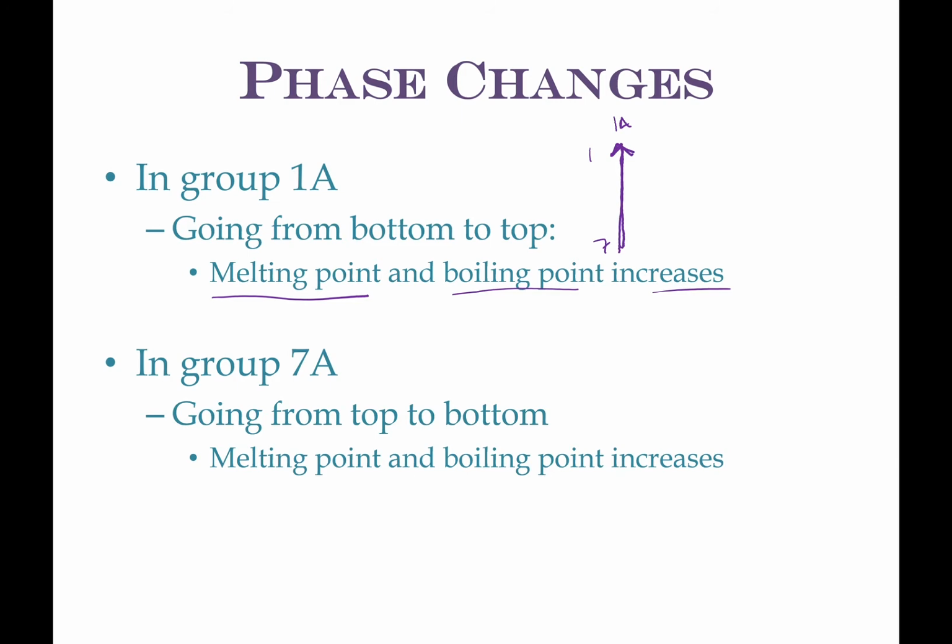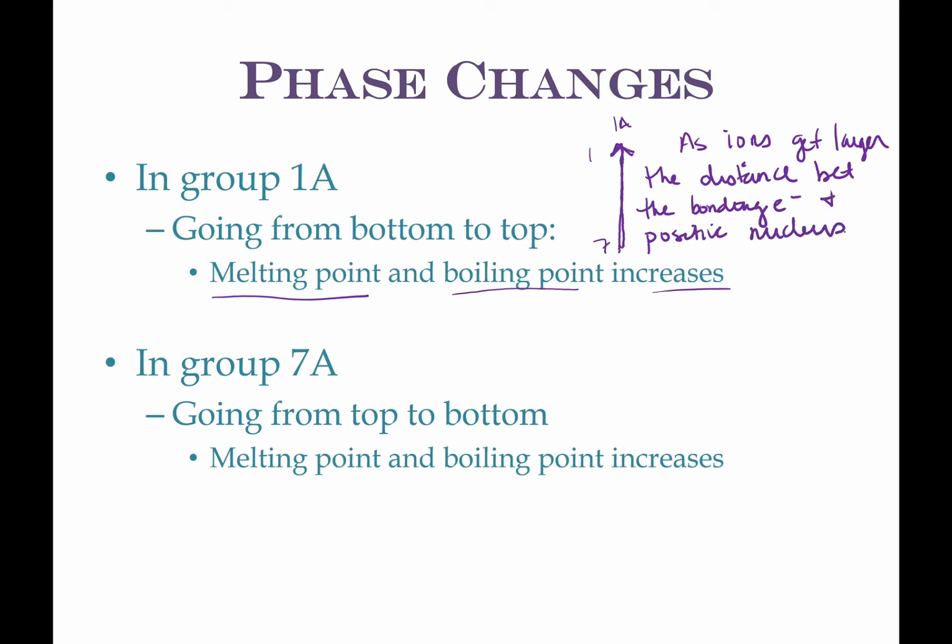Now, this is becoming very much lighter, so we would not really expect that to happen, but what happens is that as our ions get larger, I'll try to write this out for you, the distance between the bonding electrons and the positive nucleus is larger.